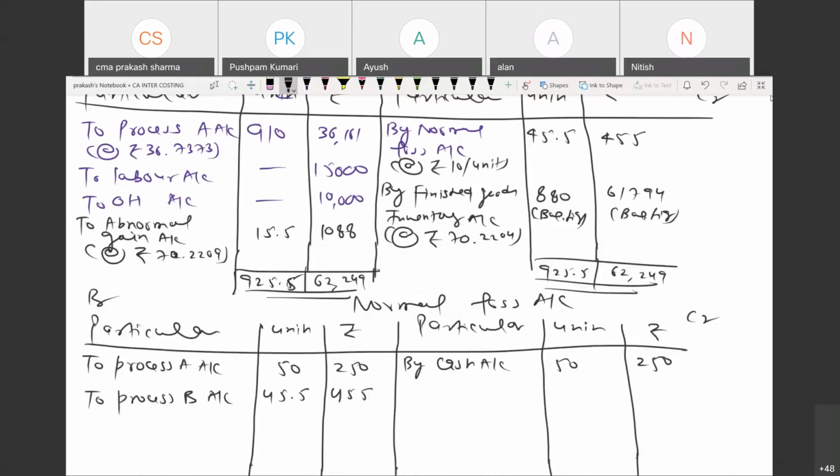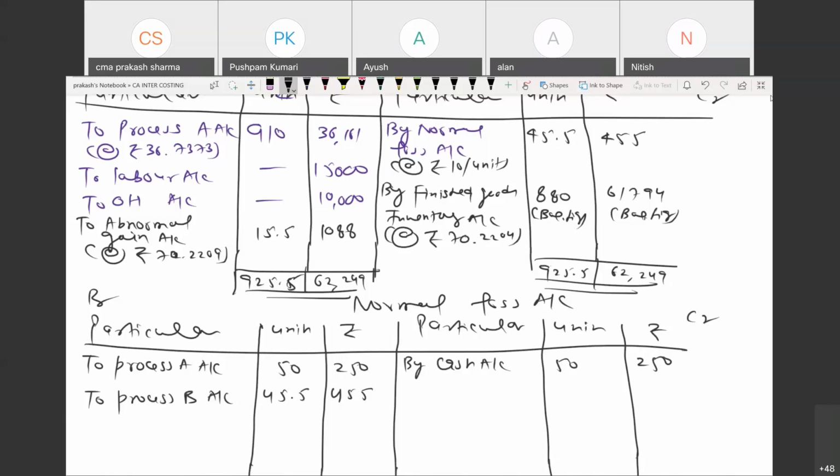Experiencing abnormal gain implies that our normal loss has been reduced. We expected that 45.5 units would be lost in process B, but that is actually not the case. Only 30 units were lost. Out of the 910 units introduced in process B, our actual output was 880 units, so only 30 units were lost.